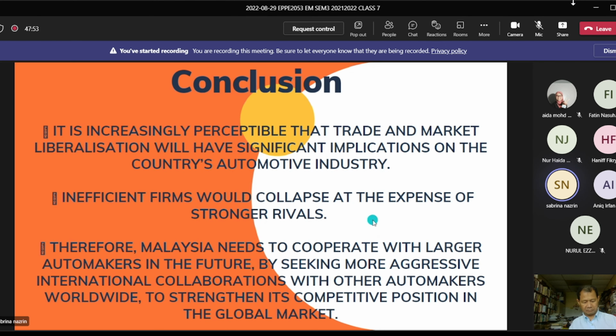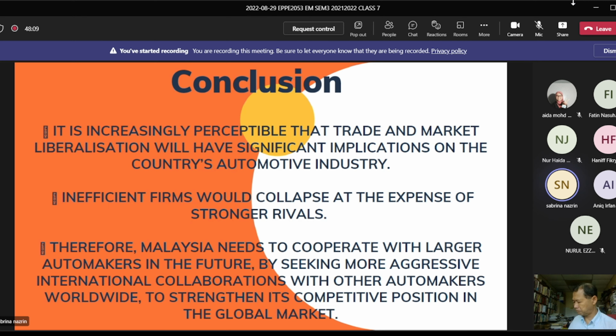For the conclusion, it is increasingly perceptive that trade and market liberalization will have significant implications on the country's automotive industry.